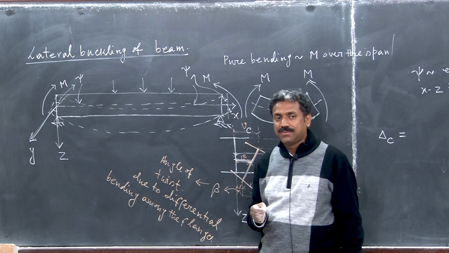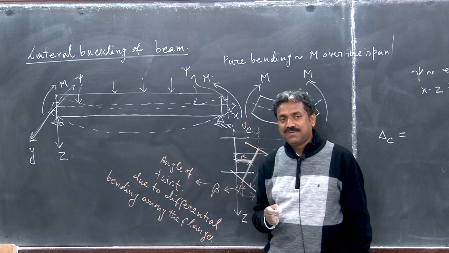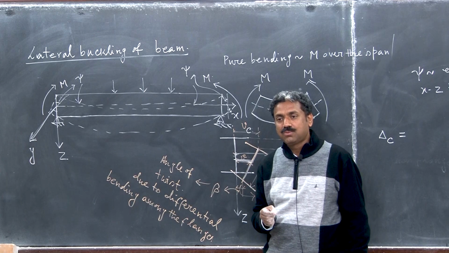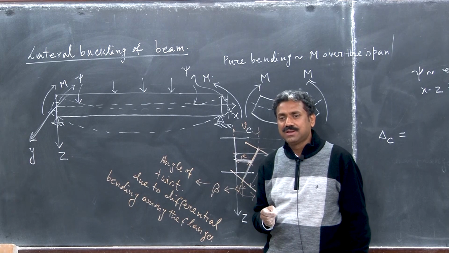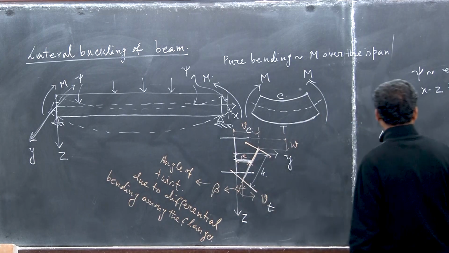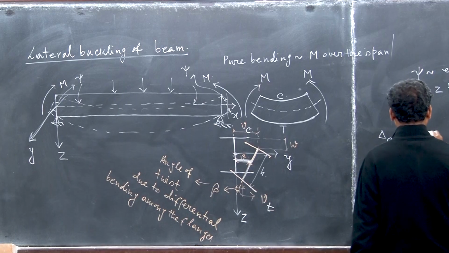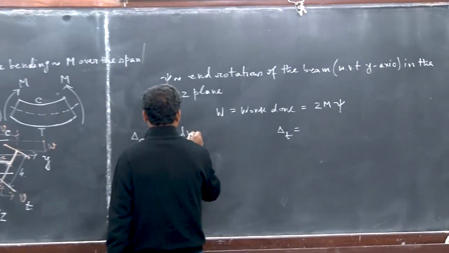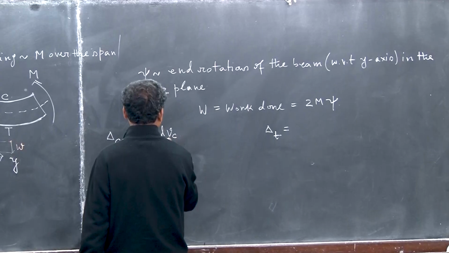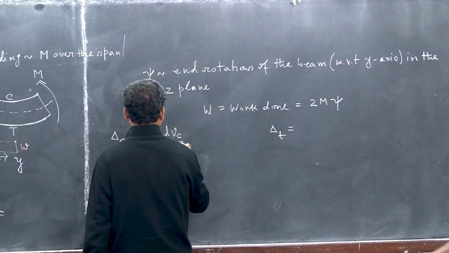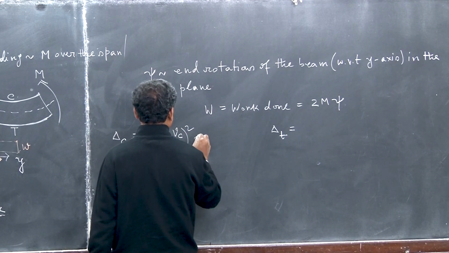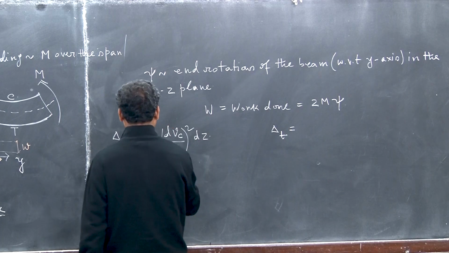What is the in plane deflection due to out of plane deflection? In plane strain, you integrate the von Karman strain, right? If you integrate, this is nothing but d Vc by dz squared, dz integration 0 to L.